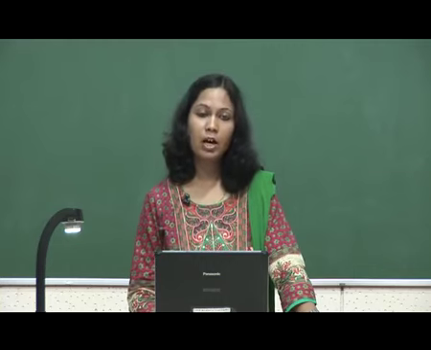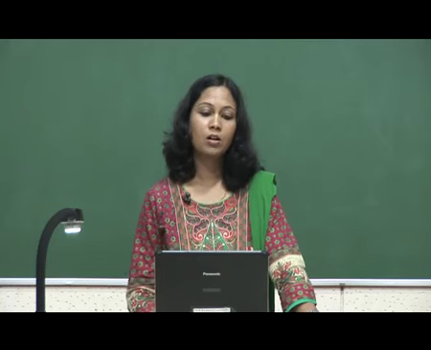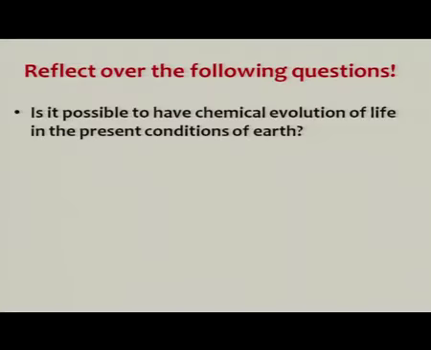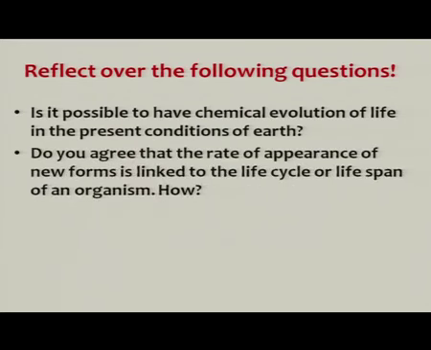But before leaving, I would like you to reflect over certain questions. First, is it possible to have chemical evolution of life in the present conditions of earth? Do you think that under the present condition of earth, chemical evolution can still take place? Second, do you agree that the rate of appearance of new forms is linked to the life cycle or lifespan of an organism?